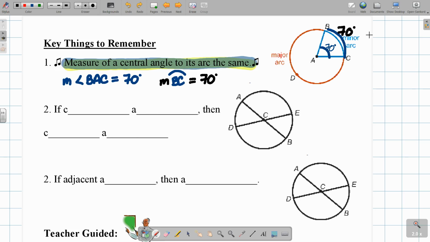Measure of a central angle to its arc, the same. So if the arc is 70 degrees, the central angle is 70 degrees.